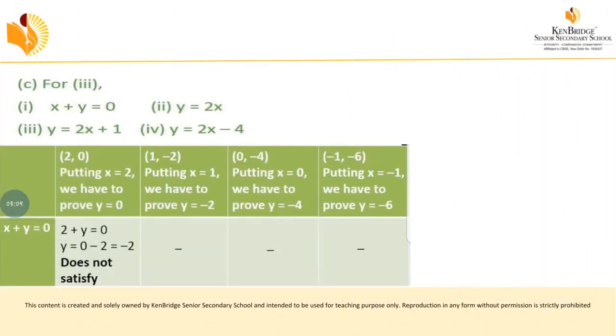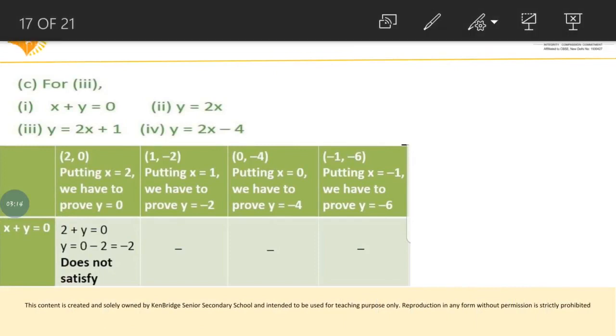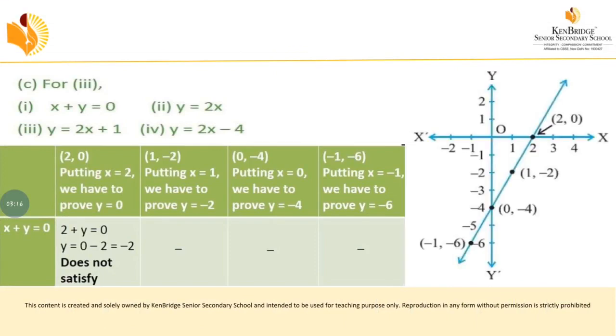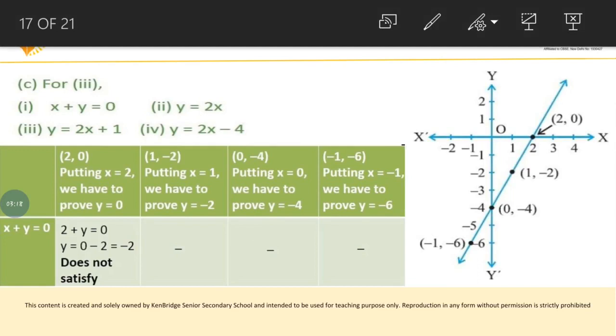So the next one is here, they have given x plus y is equal to 0 and the graph. So they have given 4 choices, and in the graph also we have 4 points, that is (2, 0), (1, -2), (0, -4) and (-1, -6). So 4 points we have totally.